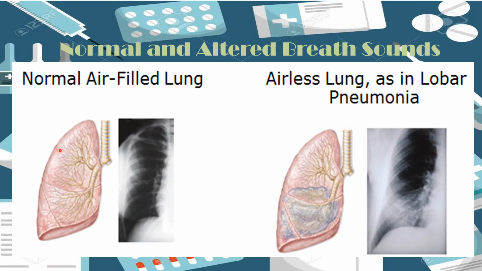Okay, so this image shows a picture of a normal air-filled lung and the airless lung, as in lobar pneumonia. Here, the origin of breath sounds is actually unclear. The turbulent airflow in the pharynx, glottis, and the subglottic region produces the tracheal breath sounds, which are similar to bronchial sounds.